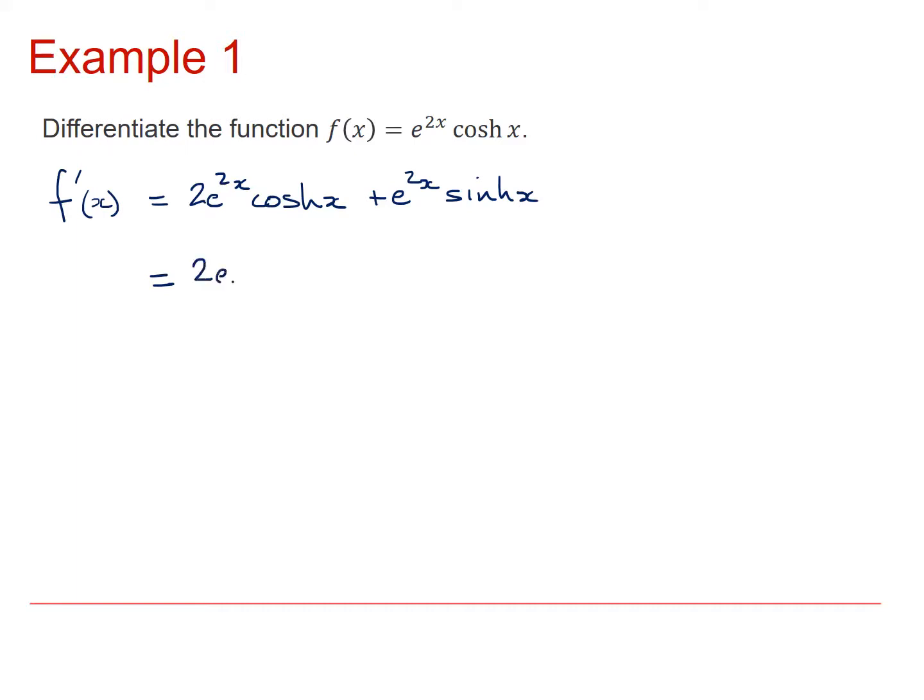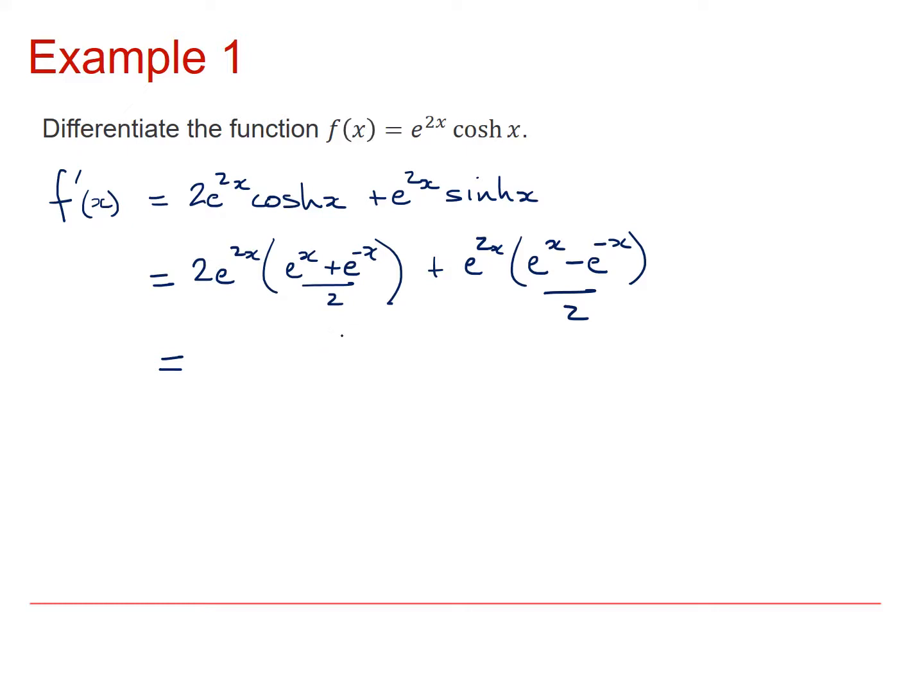So I'm going to get 2e to the 2x, e to the x plus e to the minus x, all over 2, plus e to the 2x, e to the x minus e to the minus x, over 2.